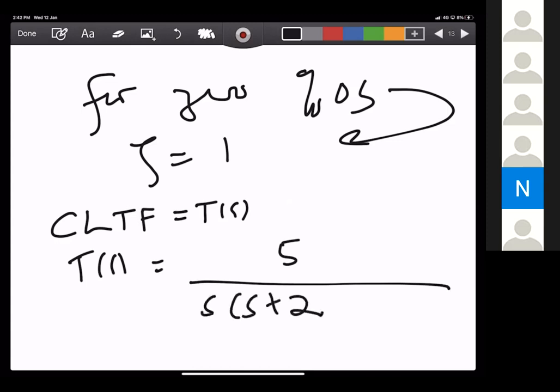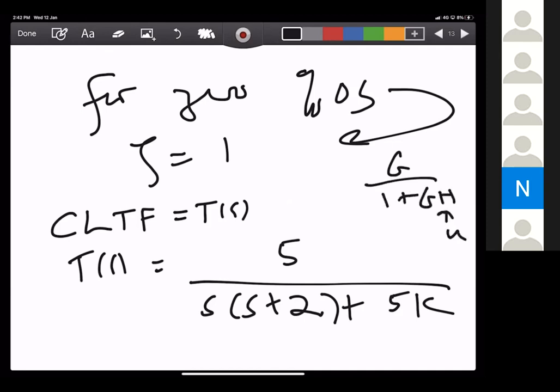S plus 2 plus 5. 5 multiplied by K. Sebab HS is G, H ni kan G over 1 plus GH kan.